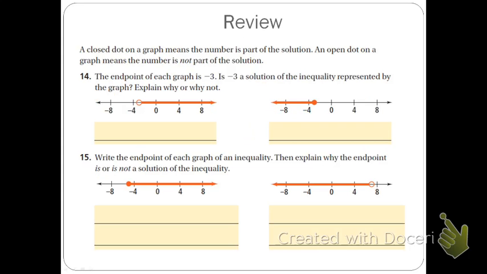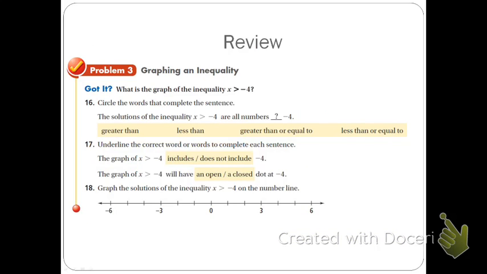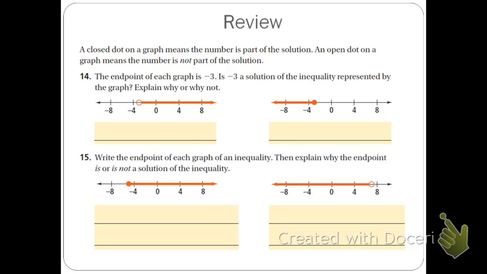You've also graphed inequalities before. Remember that the direction of the arrow is saying all the answers for the solution. So the dot is representing the endpoint. We have a 0 and a -4. There's several numbers between 0 and -4.